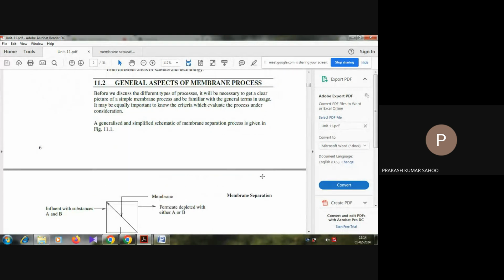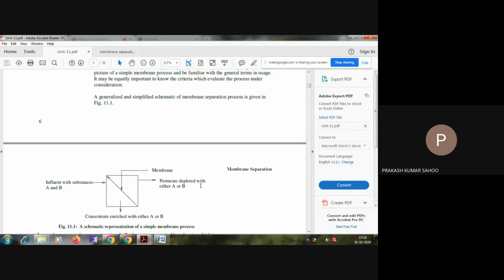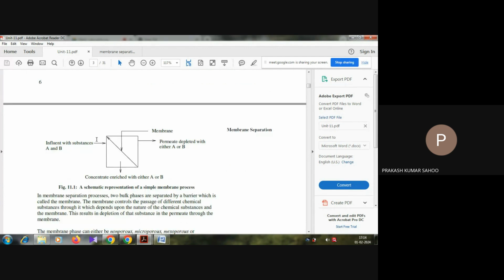So the general aspect of membrane separation is all about the use of a membrane to separate different components of a mixture. So let us have this pictorial form of separation.